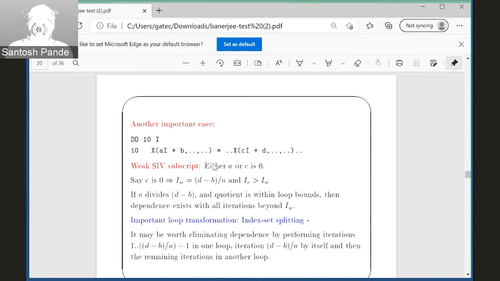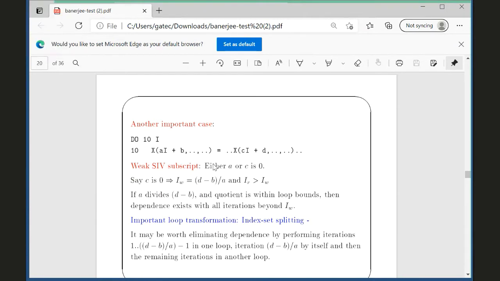So without loss of generality, if we assume C is equal to 0, then the equation gives IW equal to (B minus D) divided by A. In this case, you can see again D minus B must be divisible by A, because otherwise IW will not be an integer, which it is in our dependence problems. We have seen that is the case.